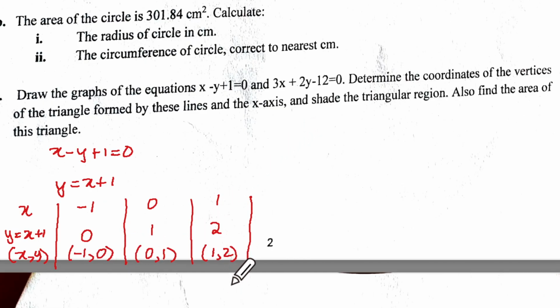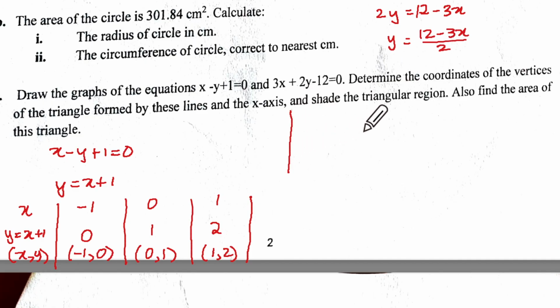Yes, ma'am. Okay. Now that you understood this, you'll have to get the points for this. How will you get the points? 2y will be equal to 12 goes that side and 3x goes that side. Okay. So y is equal to 12 minus 3x upon 2.